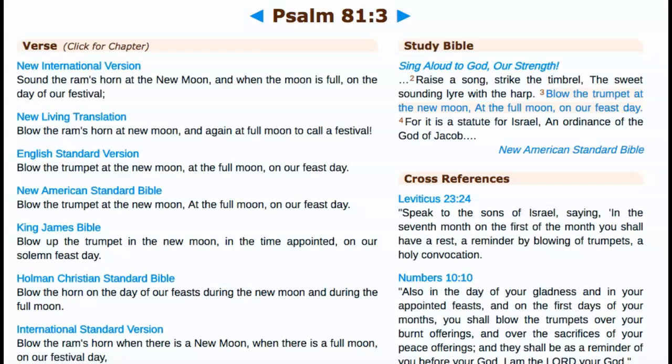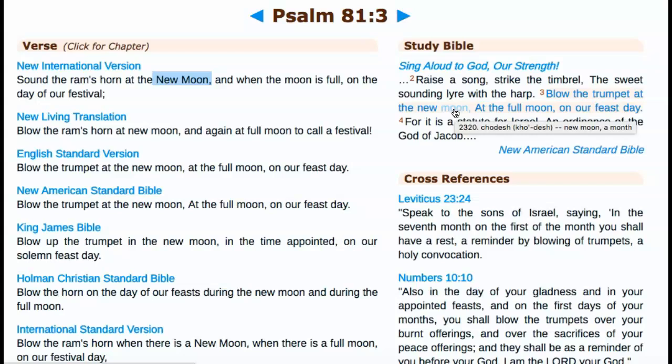Not anymore, because now we're at Psalms 81:3, and you can see right here it says, blow the trumpet in the new moon in the time appointed on our solemn feast day in the KJV. Now you see the phrase new moon, but when you look at the word moon right there, is it Yarak that's being used, or is it Strong's H2320, which means month, as we've just proven?